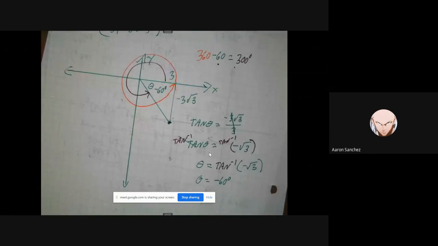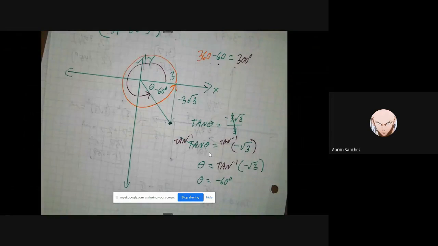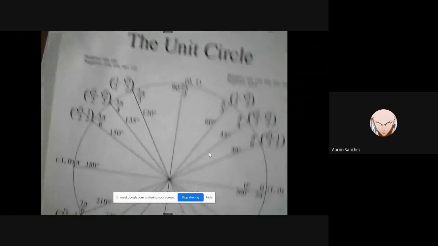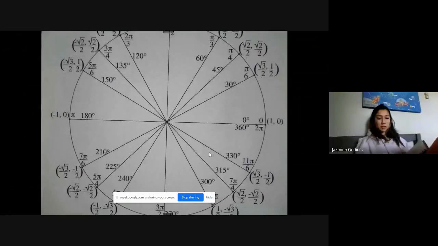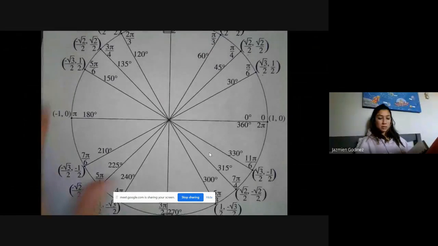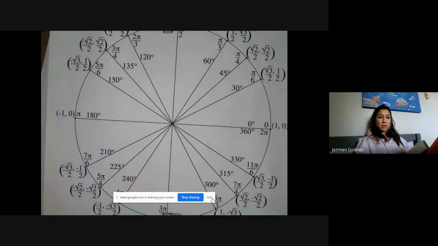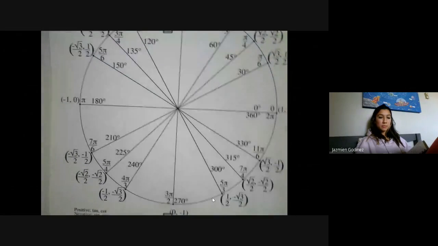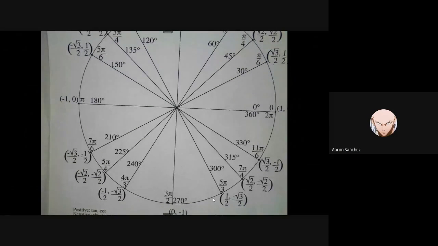So you can convert it, or what you can do is look at your unit circle here. See the unit circle? Do you have one of these? No, I use the one on the canvas. Great, that's fine.